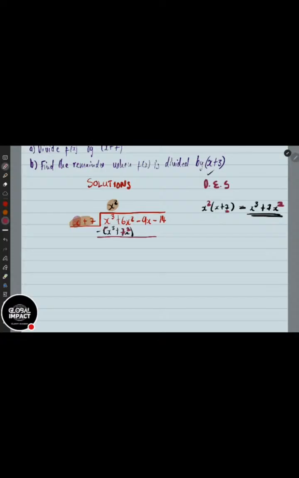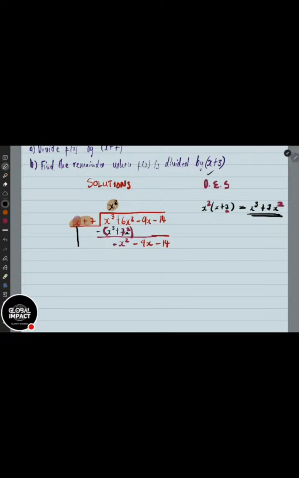Remember to put the minus outside the bracket. 6 minus 7, you get minus 1 of x squared. Then there's nothing with an x, so the minus 9x just comes down. There's nothing with another number, so the minus 14 just comes down.